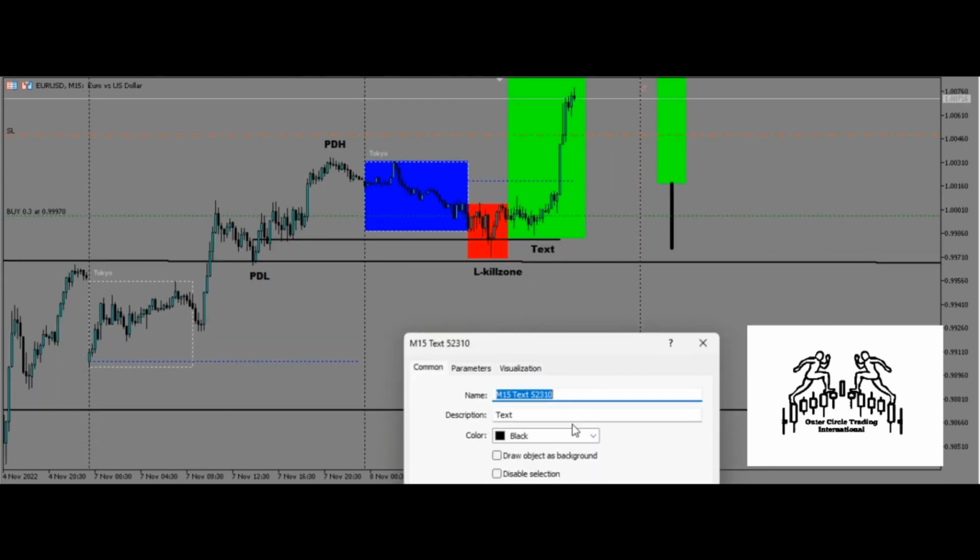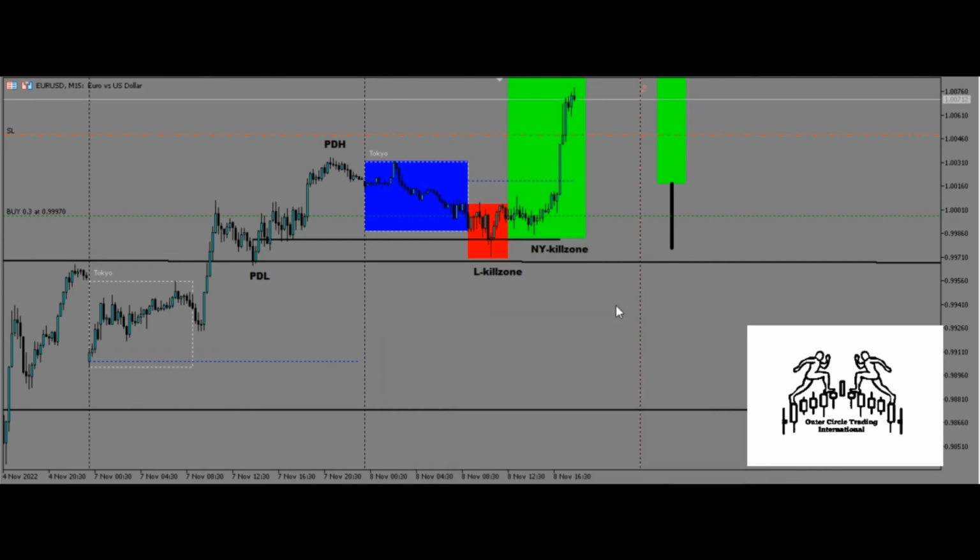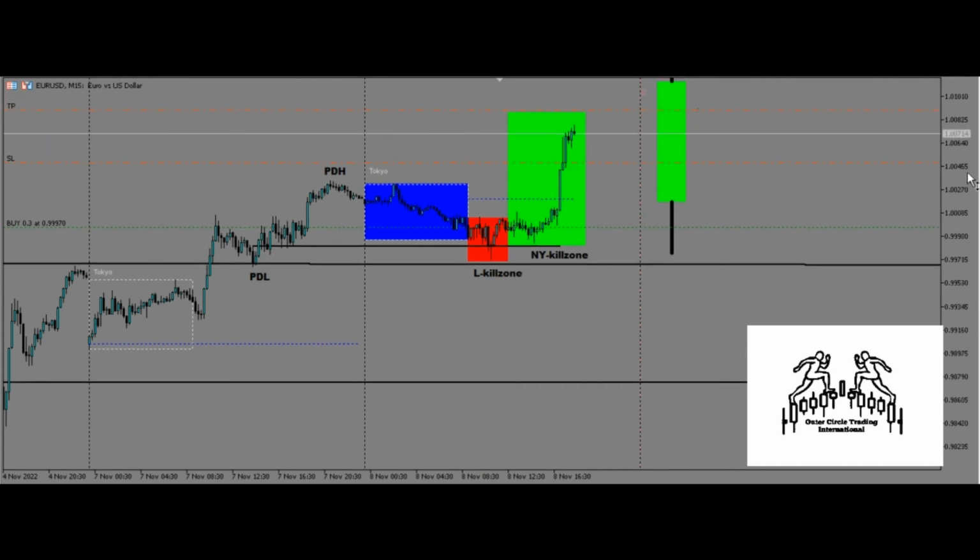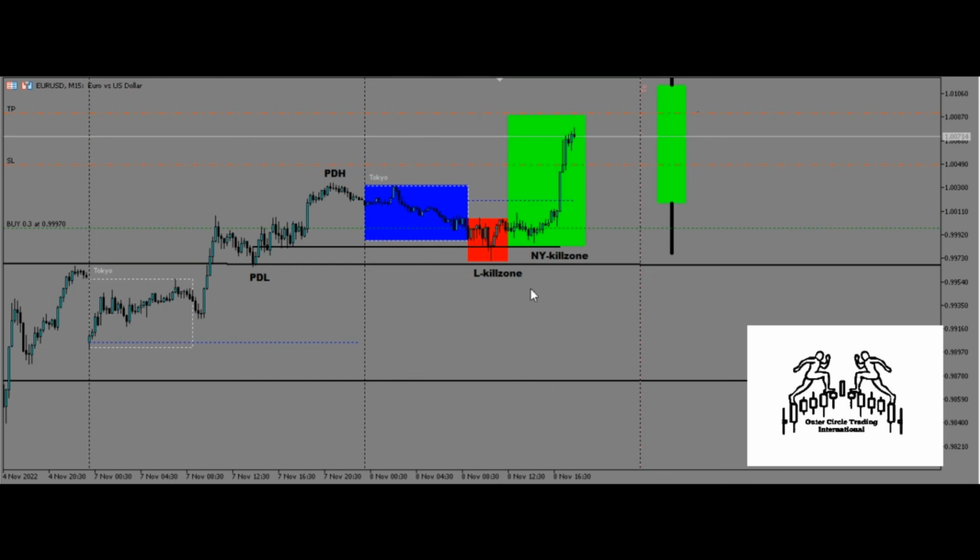So this is Power of Three evident with the Auto Cycle Trader. Here we'll say this is a New York key zone. So you should understand that sometimes the move might not happen during the London session, so you expect it to happen during the New York session. And sometimes there can be a move during the London session.